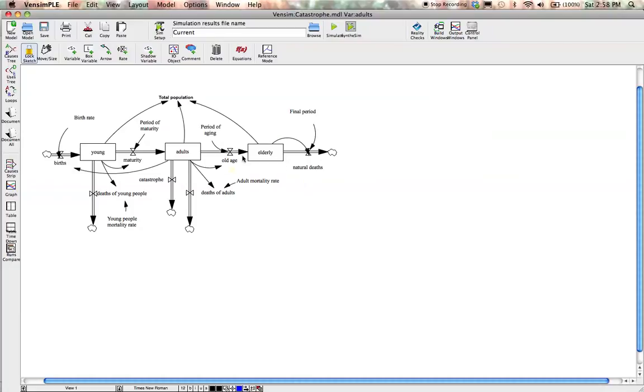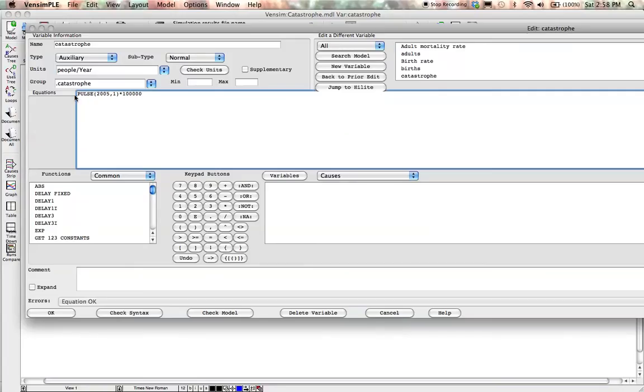Now, the reason this model has a catastrophe is that it's got a flux out of the adult pool, the adult population pool. It's called a catastrophe, and I'm going to look at that first, just to illustrate what the issue is. And the issue is that there is a pulse in year 2005, it lasts for a year, and it loses 100,000 adults.